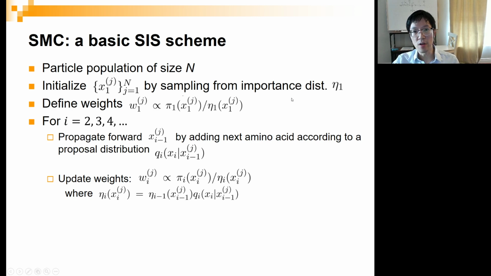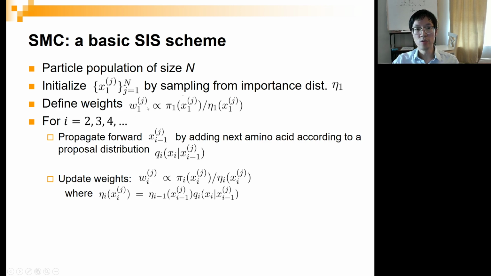We've seen proposal distributions in the context of, say, Metropolis-Hastings. Here is a variant of that. We can sample from a distribution that is not exactly the same as the energy, and I'll explain why in a moment. So we sample from an approximated distribution, and we can then adjust it by doing a weight adjustment.